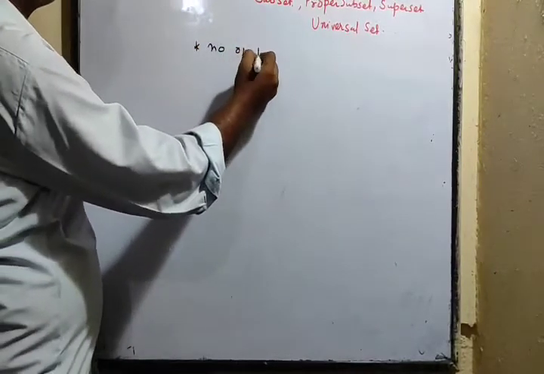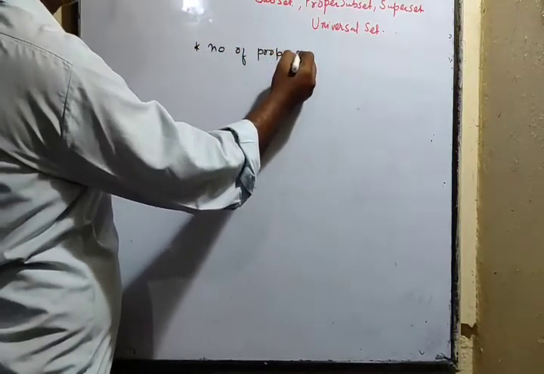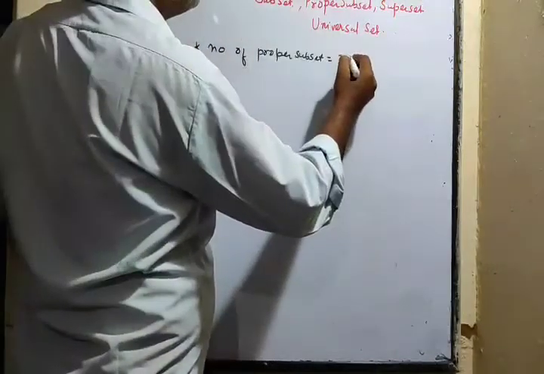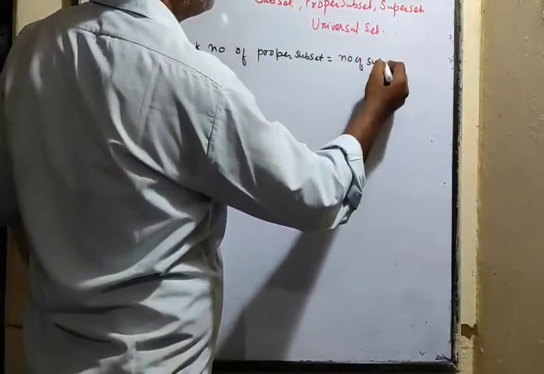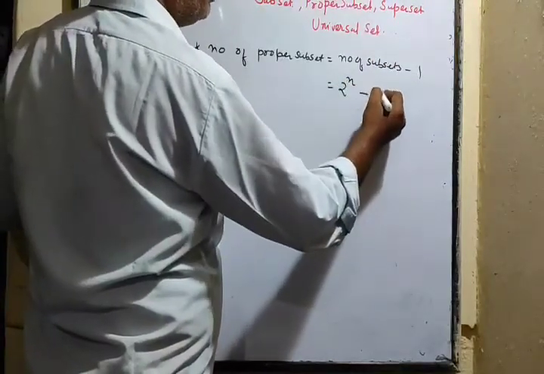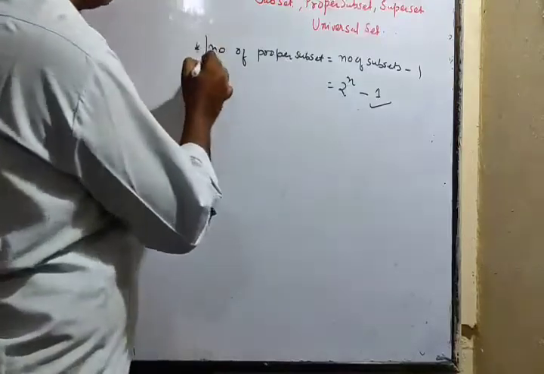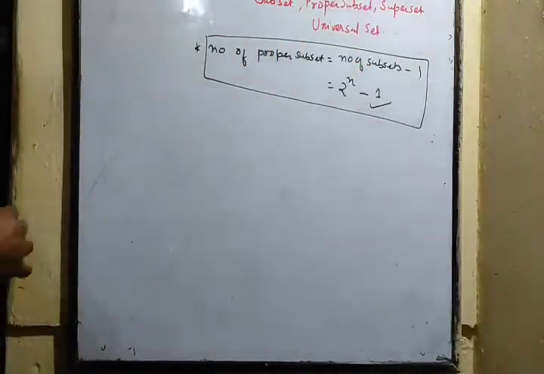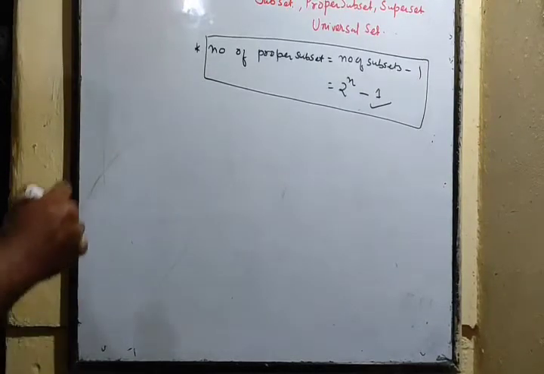Number of proper subsets will be number of subsets minus 1, and as your number of subsets is 2 power n, it will be 2 power n minus 1. This formula will be applied to find the total number of proper subsets. Now we'll come to the next topic, that is superset.